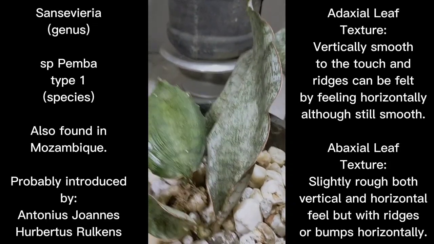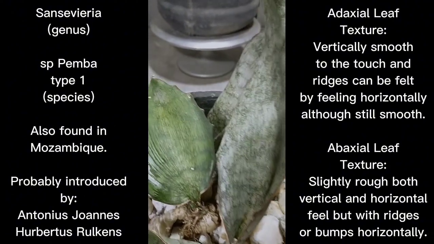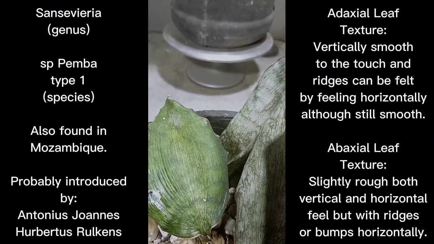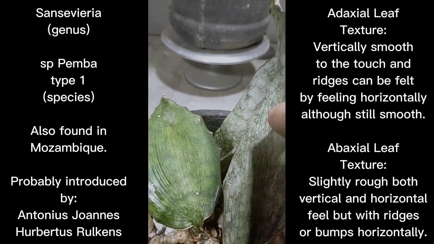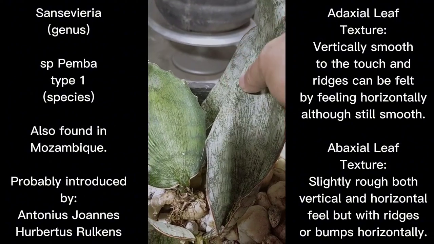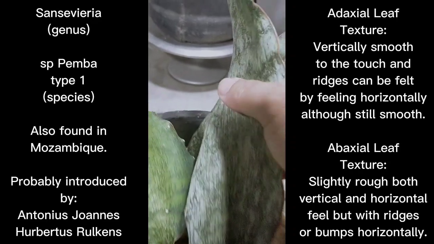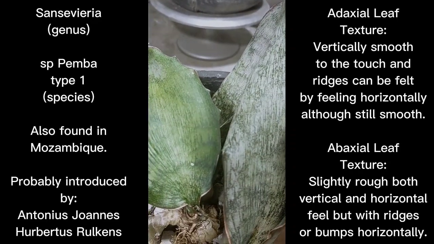So moving forward, aside from that, we have to check other characteristics, the leaf surface, as you feel it horizontally, vertically. Horizontally, it's smooth, but you would feel bumps because the dark green coloration is kind of protruding from the leaf. The dark green pattern looks like lines.